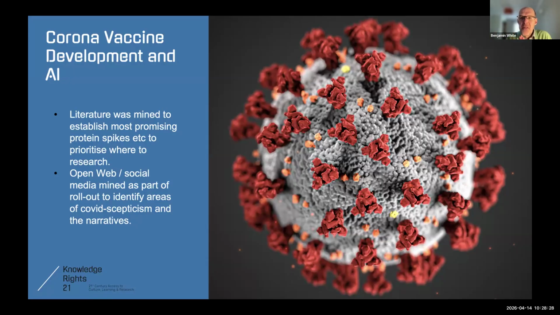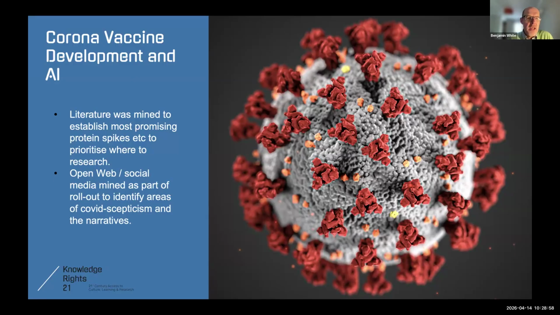There are 5,000 medical publishers, it's estimated globally. One would assume that a significant percentage of those publishers would have published something about the coronavirus. So the pharmaceutical companies used machine learning to analyze that literature to speed up the discovery process, and therefore, by doing that, saved millions of people's lives.